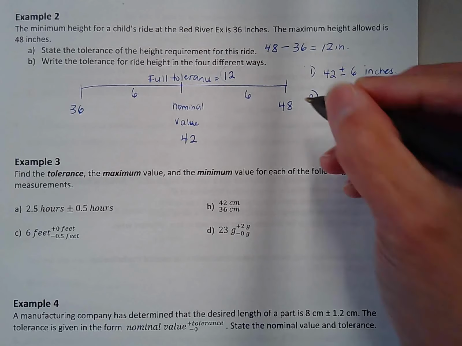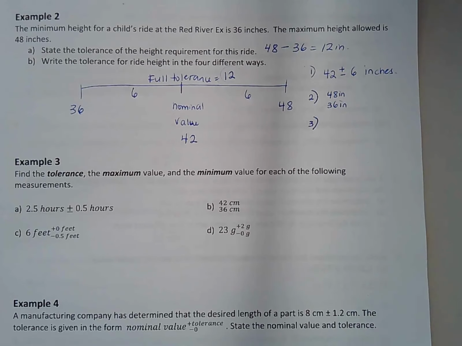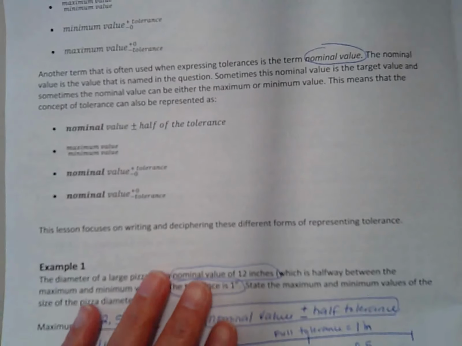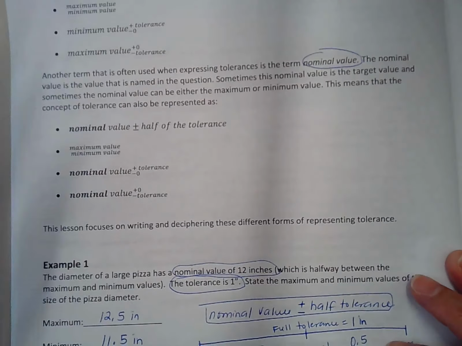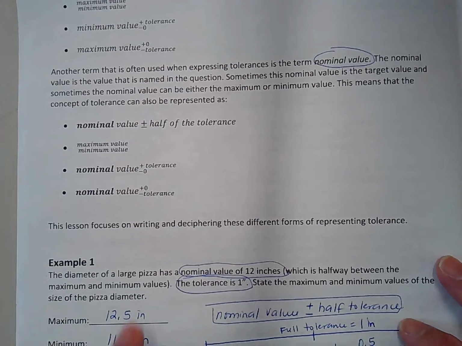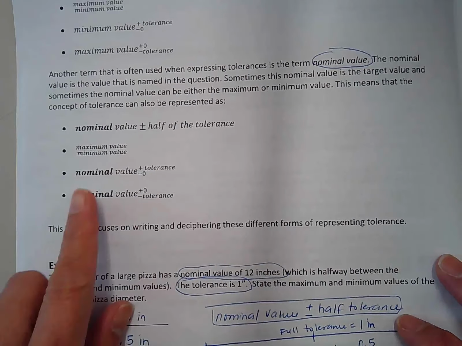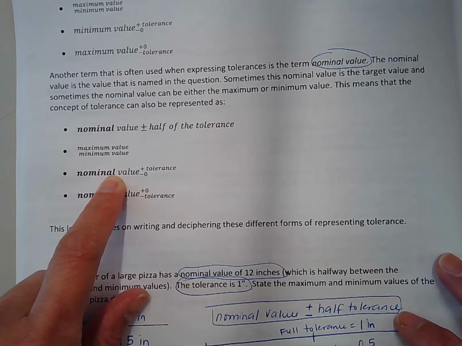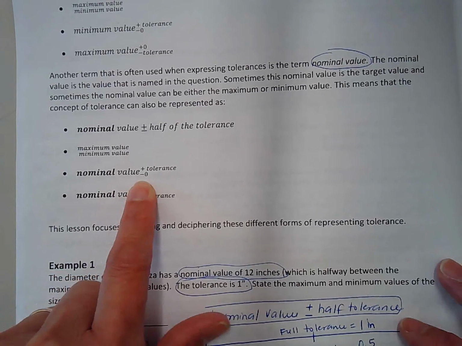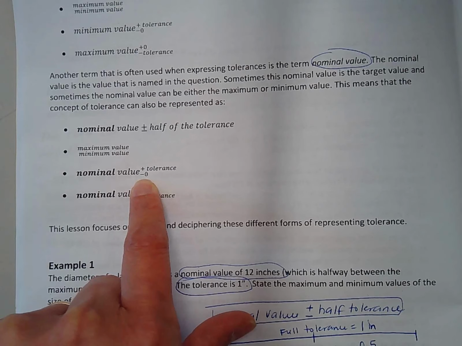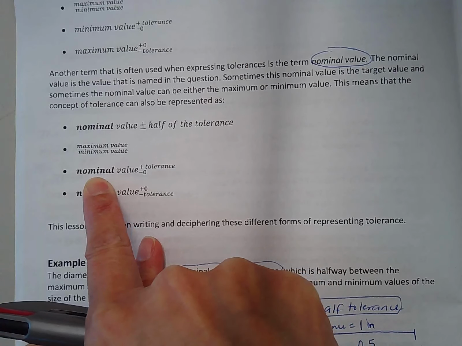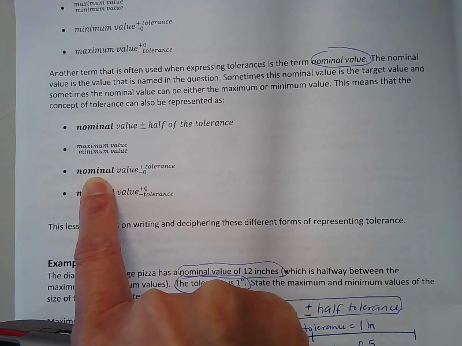Let's do number 3. What does number 3 look like? I'm going to switch to the other side again. Nominal value plus a tolerance, minus 0. Well, if the nominal value is this one, and we can't go any lower, that automatically says the nominal value is the minimum value, right?